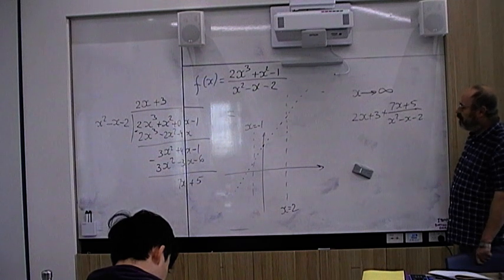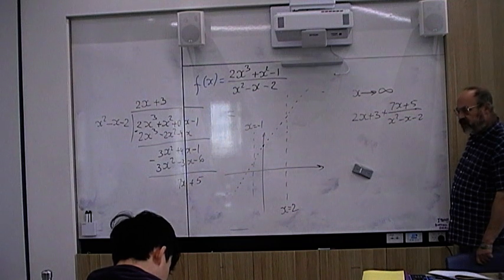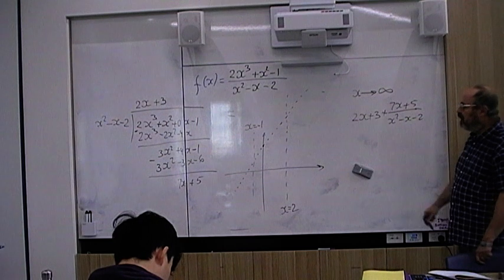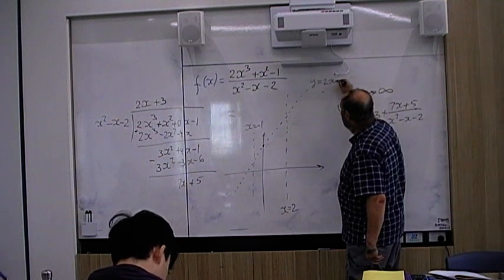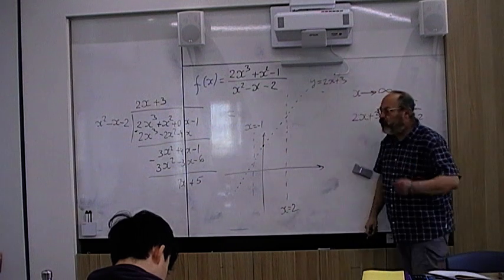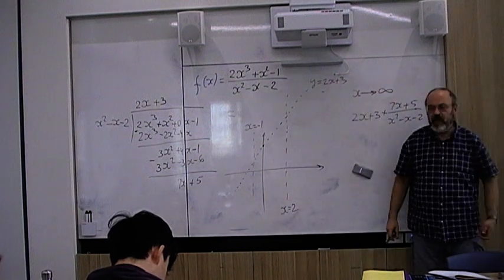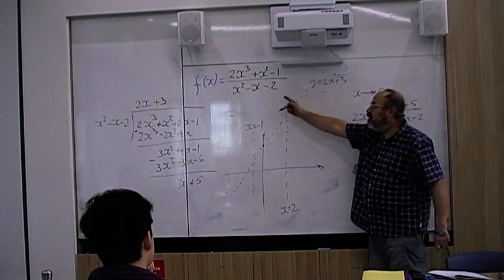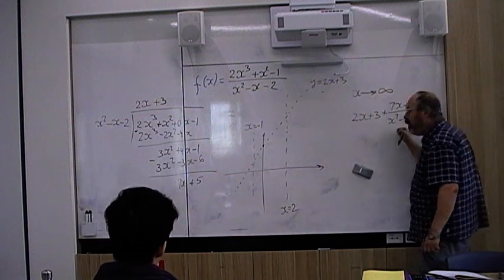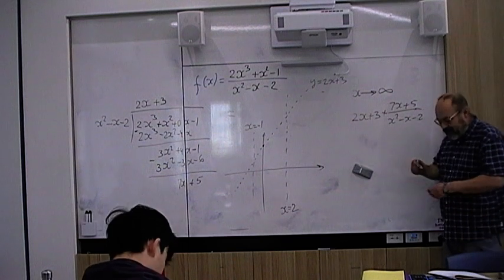When we have x approaching infinity, the graph approaches y equals 2x plus 3. Will it be approaching it from the top or from the bottom? From the top, because we still will be adding something very, very small, but still adding.